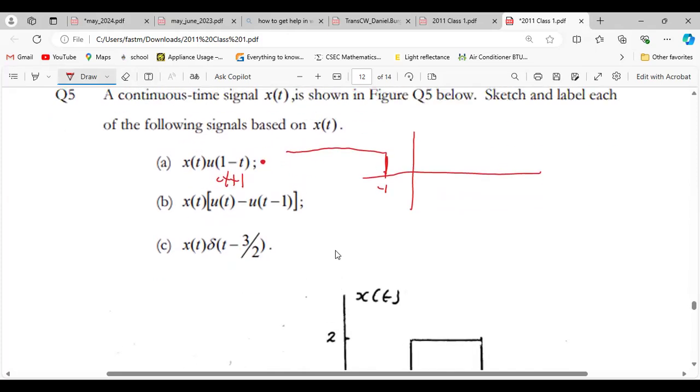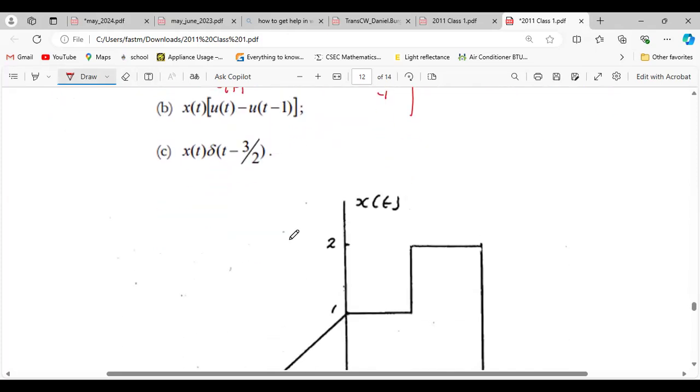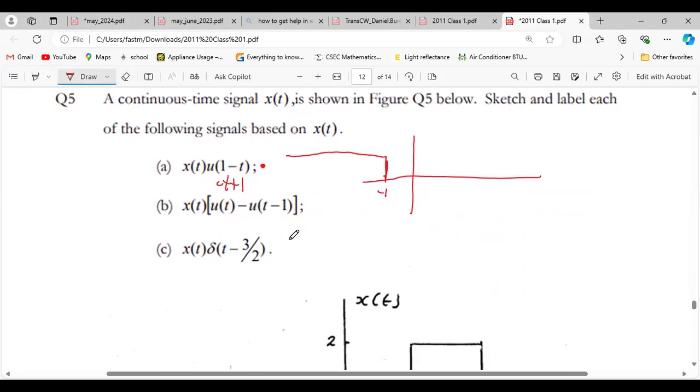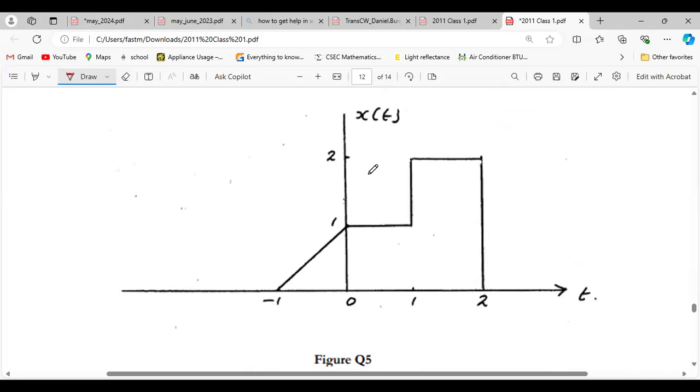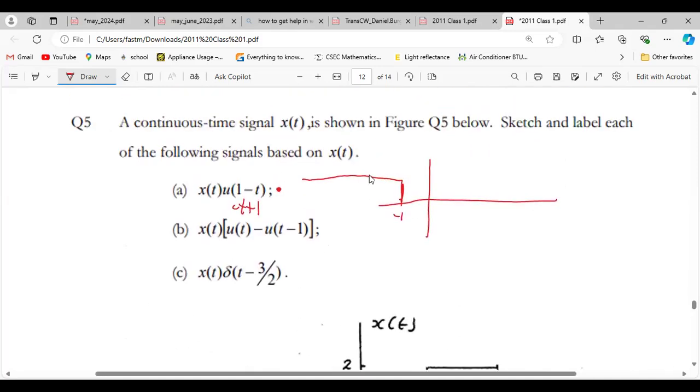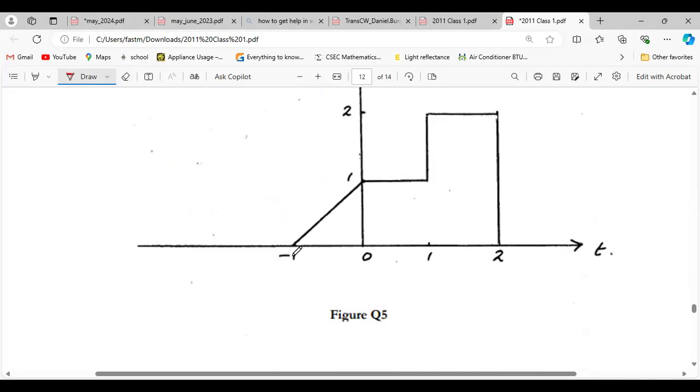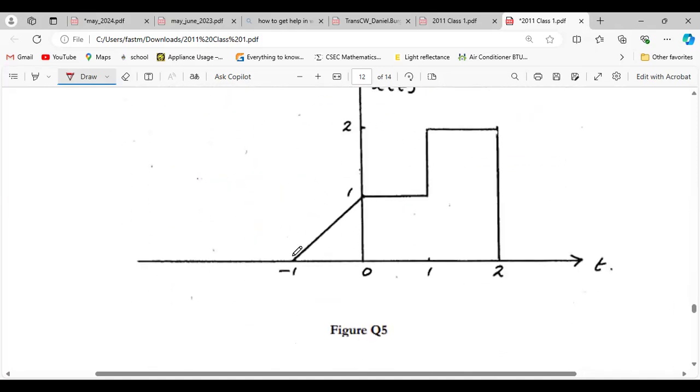And then multiplying it by x of t. Because everything else here is zero, you literally just multiply the points, since it's multiplication. So if I draw it, u of t, you have one, if you invert it.